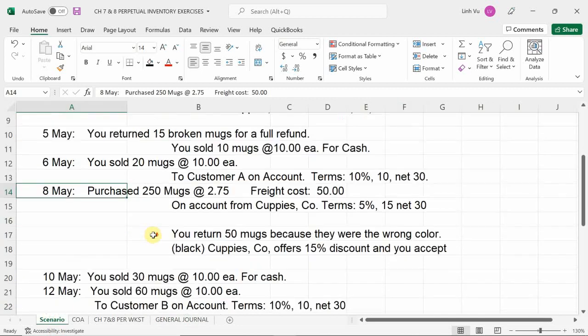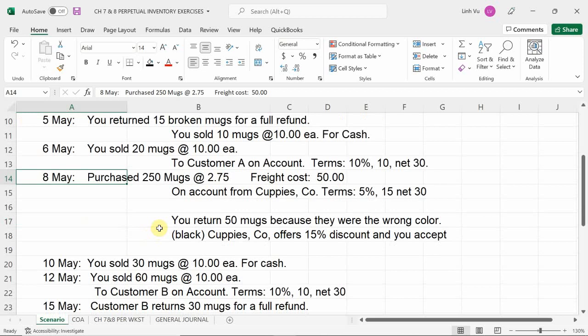So then, that very same day, you end up returning 50 of those mugs because they were the wrong color. Okay? They were black cups instead. Cuppy's Co. said there's nothing wrong with them. You could still sell them to your customers, right? Maybe it's a special knockoff deal or whatever. So in this case, you have special black mugs that you can sell.